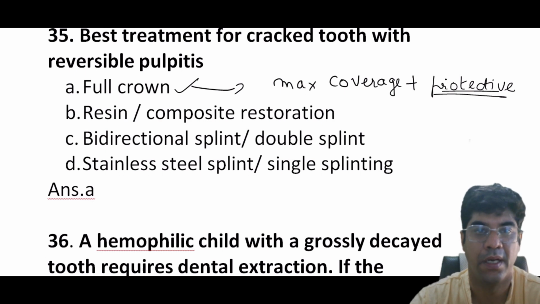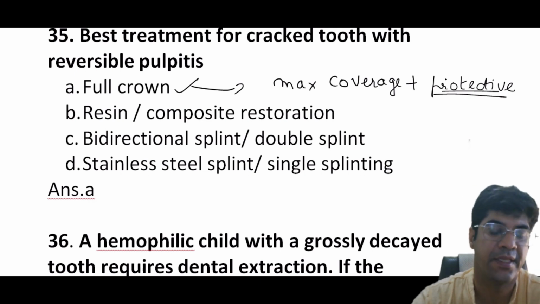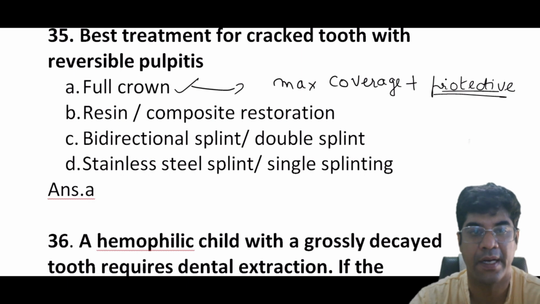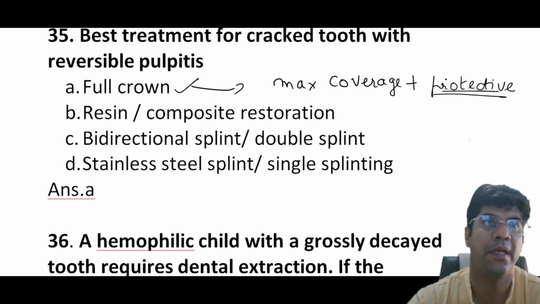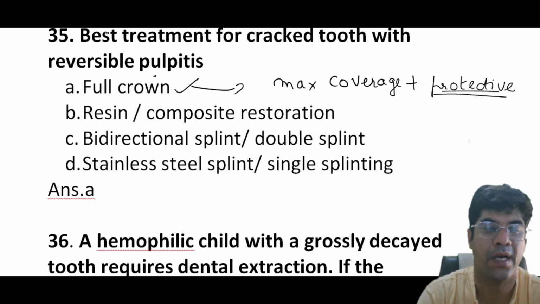Resin restorations may not provide sufficient strength and support for a tooth with significant cracks. Bidirectional splints and stainless steel splints are not indicated. The best treatment is the full crown. That is your answer of choice.